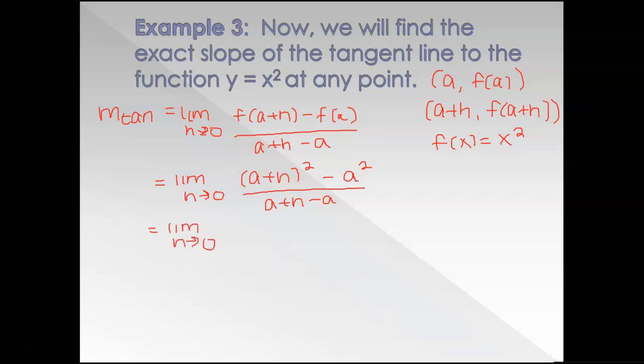A plus h squared is really FOILed, so it's a squared plus 2ah plus h squared minus a squared all over h, because a minus a becomes 0 based on the additive inverse.